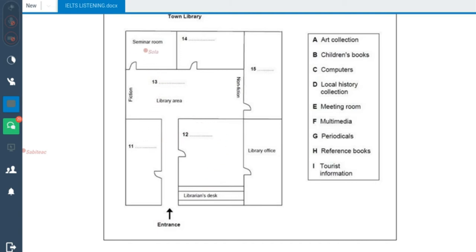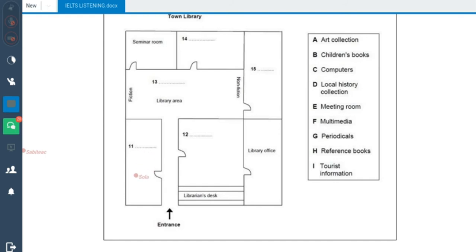Use the words that are included. The first word here is entrance. The first thing we can see close to the entrance is the librarian's desk. So you are using all these words to get close to the questions. The first place is this one on the left hand side.